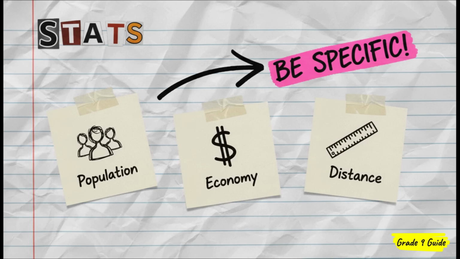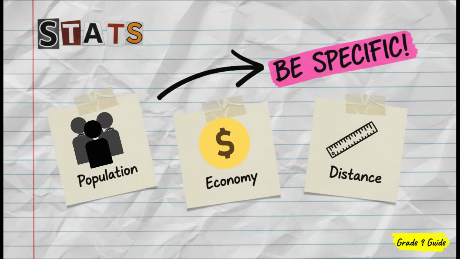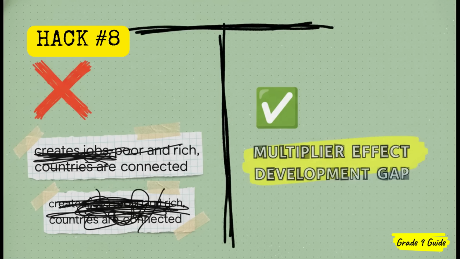To avoid being vague, you need to memorize 2 or 3 highly specific statistics for your main case studies. Do it right now. I'm talking exact population sizes, specific economic values, or precise distances. Don't say a lot of people. Give them the actual number. Be specific. Look, examiners want to see that you're a real geographer, not just someone who casually skims the news.